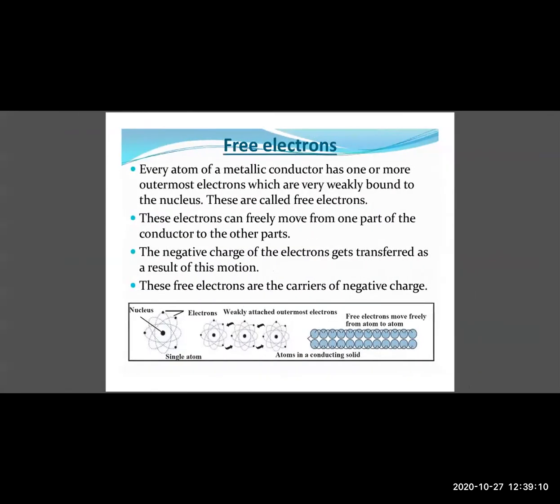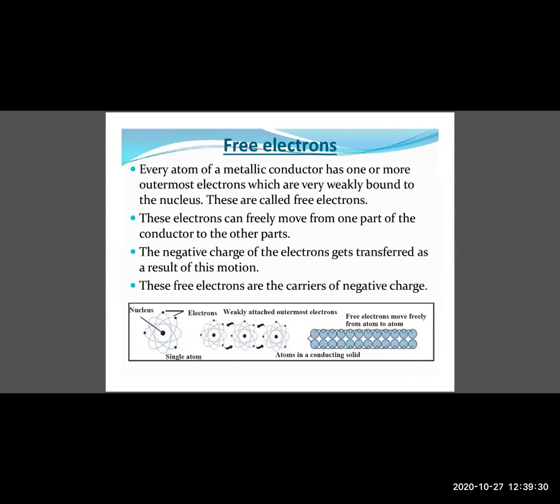Okay, further, now we are going to see the root cause for electricity. Exactly how does electricity flow, and what are the reasons for the flow of electricity through a circuit? Every atom of a metallic conductor has one or more outermost electrons.